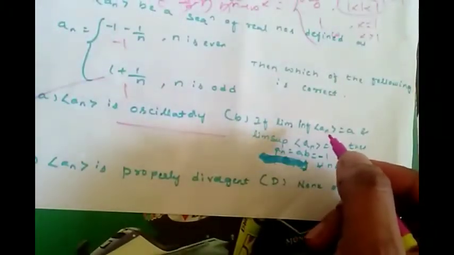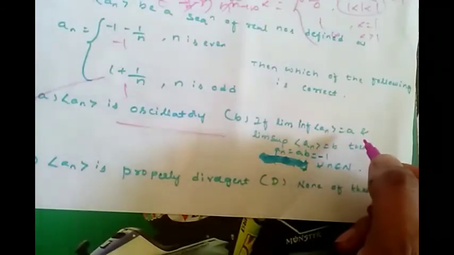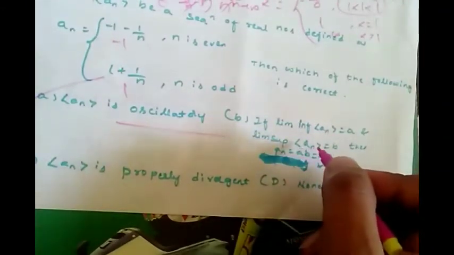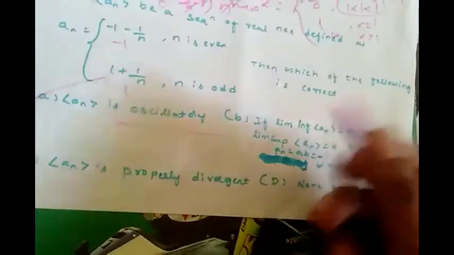And the second option is: if limit inferior of an is equal to a and limit superior of an is equal to b, then ab is equal to -1 for all n belongs to N. We have to check whether this is a correct statement or not. What is the limit inferior? The smallest limit point we call the limit inferior. Remember this trick.